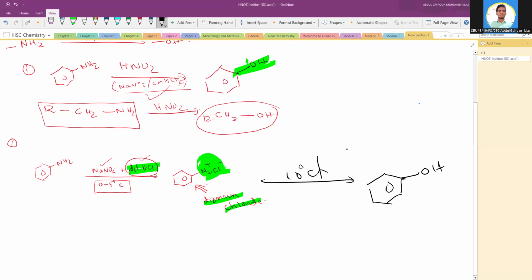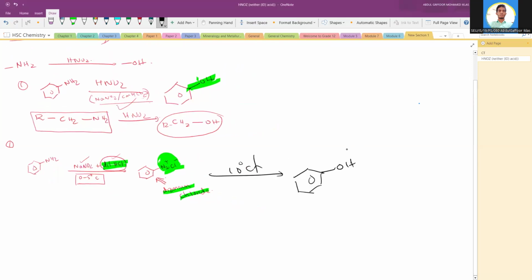If you put aliphatic compounds in the same conditions, it will not be produced, or even if it is produced, it is not stable, because only aromatic diazonium chlorides are stable at low temperature. Aliphatic diazonium chlorides are not stable. It will instantly convert to alcohol, right?